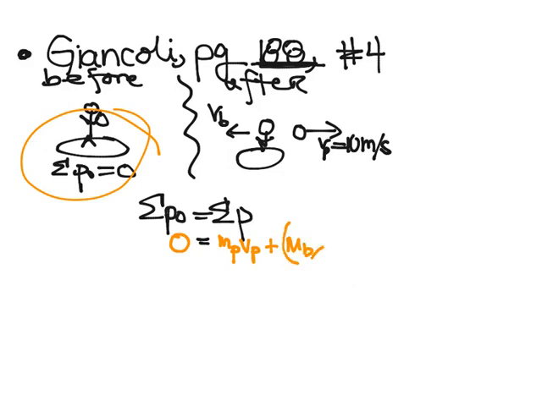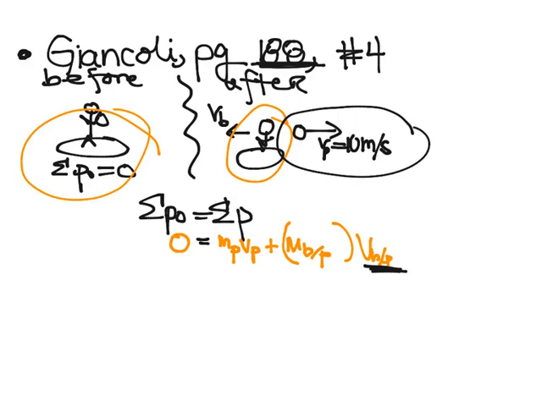And I'm just going to say that's m boat person times v boat person. This is not dividing by, it's just that the boat and the person move together. Okay, so at the end of the day, I'm looking for this number. And because the package is moving to my right, the boat and the person are moving to the left, I expect this to be a negative number.